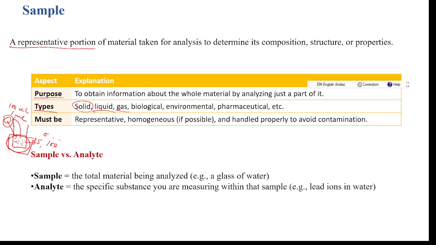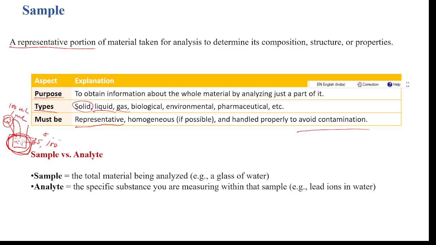But there is a condition for us to call something a sample: it should be representative. Representative means this small portion should represent the whole bulk material, and this sample should be homogeneous as much as possible, and it should be handled properly to avoid contamination.